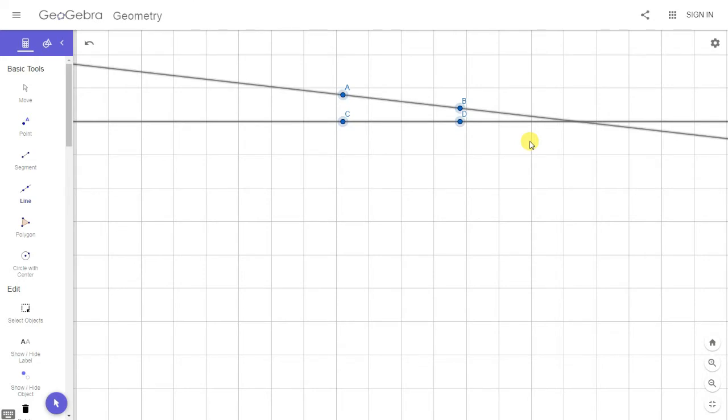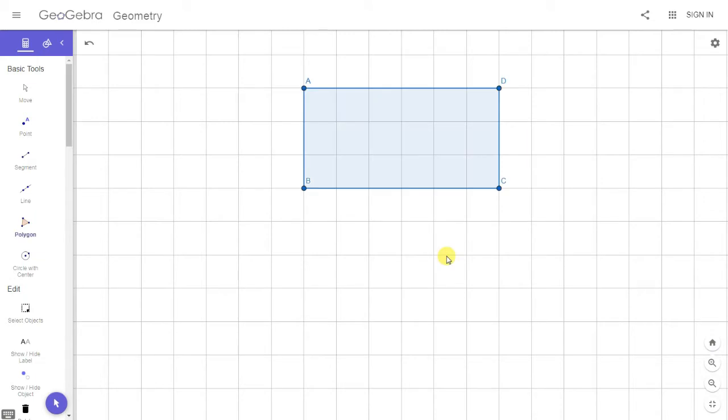Now we will discuss what the opposite sides of quadrilaterals are. If we have a rectangle like this, you can see that we have two pairs of sides, because a quadrilateral has 4 sides, so we can make two pairs of them. So what will be the opposite sides?